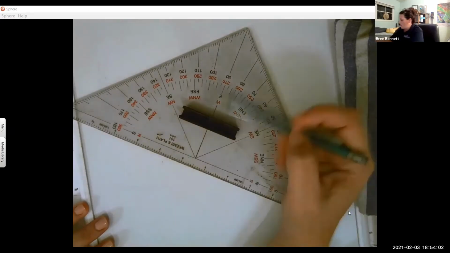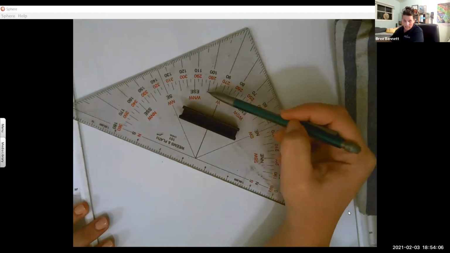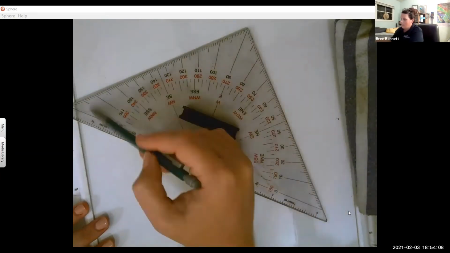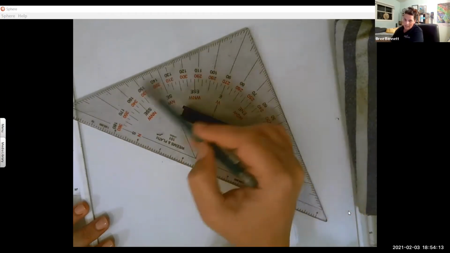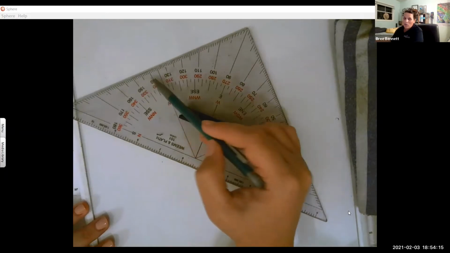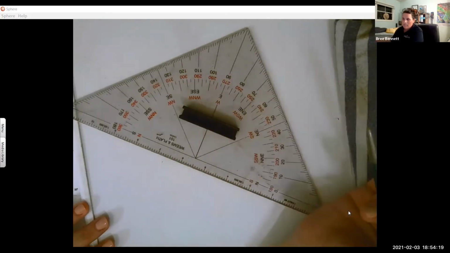So you don't want to line up your lines with these. We are in the 360 degree, more accurate era of navigating. So we're going to use all the ones with more little lines, if that makes sense.